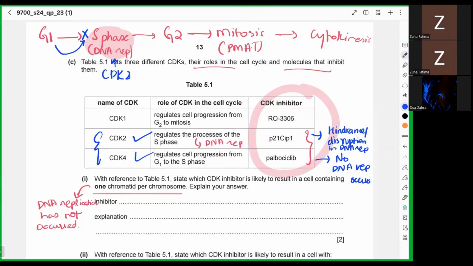So इनमें से किसी एक एंजाइम की हम बात करेंगे. Yes, the RO3306 would not be causing the cell to contain one chromatid per chromosome, because इसका जो role है, ये जिस enzyme से bind करता है, उस enzyme का role is after DNA replication has taken place. वो इधर इस progression के लिए important होती है, and obviously till this point DNA replication हो चुकी भी होती है. ठीक है?